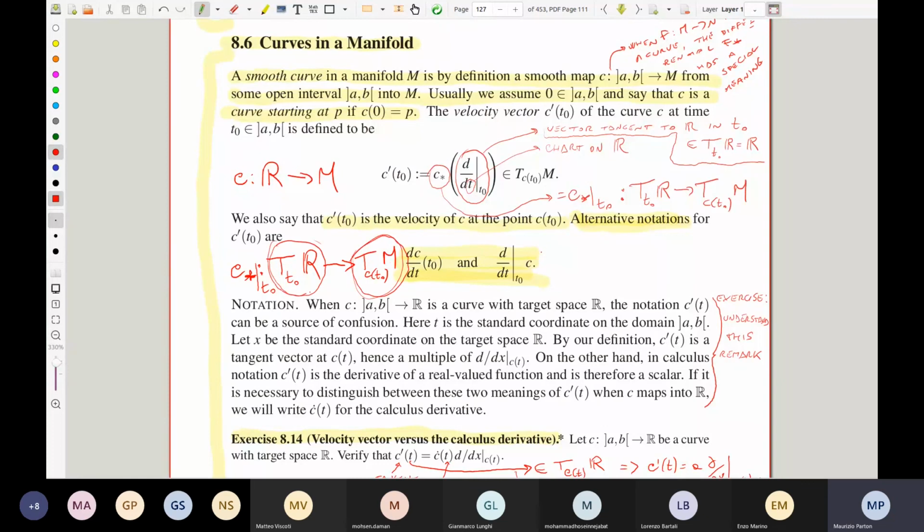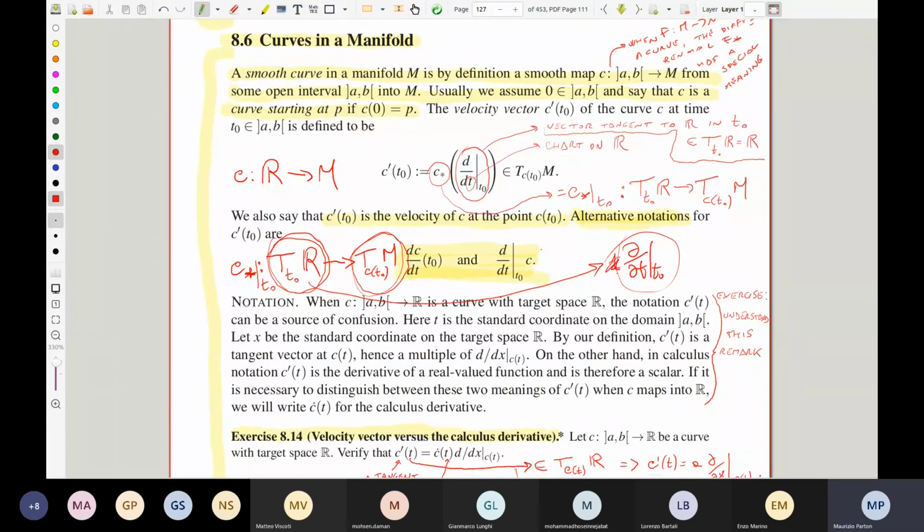But since this is R, there is a special tangent vector here: the tangent vector corresponding to 1 in the canonical basis. That is what is called d/dt, computed at T0. In this new point of view, the tangent vectors are derivations. So just take this tangent vector, apply C star, and you obtain a new tangent vector in the manifold.